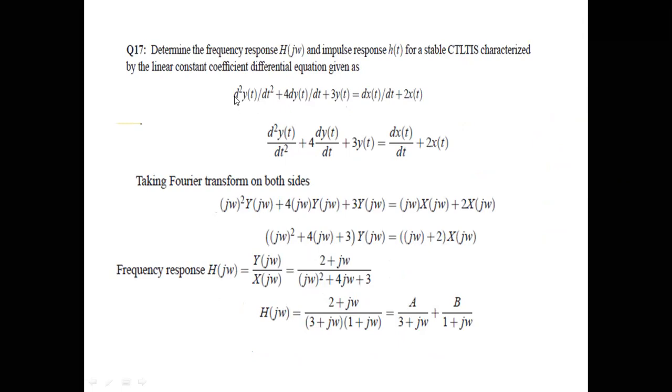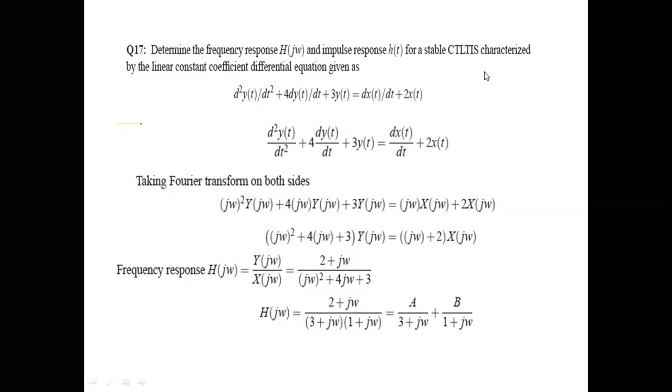So suppose here they gave d square y of t by dt square plus 4 into dy of t by dt plus 3y of t is equal to the derivative of x of t plus x of t.